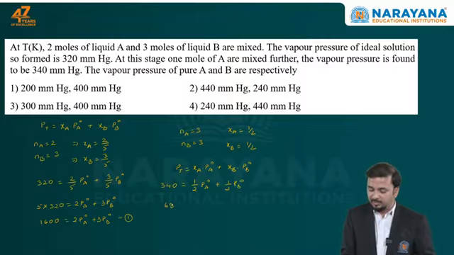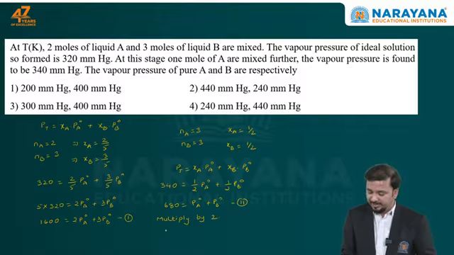So we'll get 680 is equal to Pa naught plus Pb naught. So this is equation 2. Now if I solve using equation 1 and equation 2, what we can do is multiply this by 2.